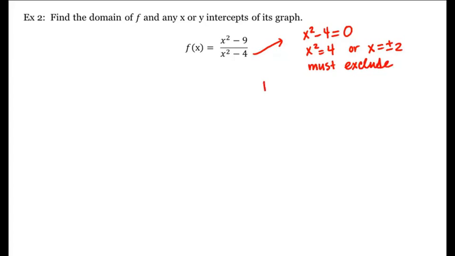That is, the domain of f, again written in interval notation, is -infinity up to -2, open parenthesis, because we cannot include -2, union, again, open parenthesis at -2, up to 2, again, open parenthesis, union, open parenthesis, 2 up to infinity.